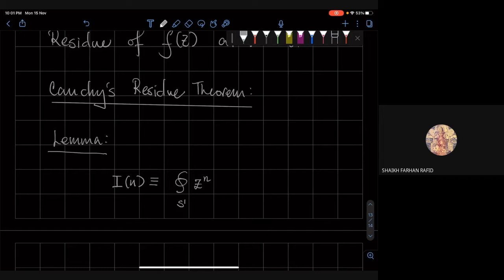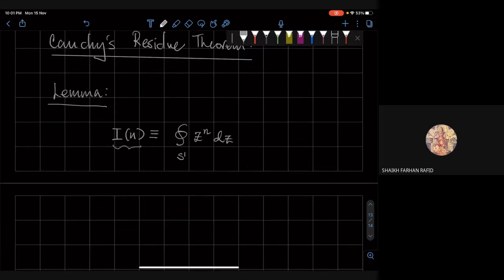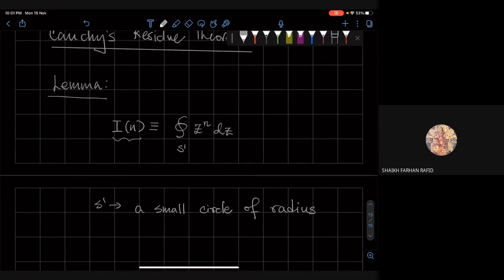to the power n, where n is an integer. So this is a class of contour integral. So S1 is a small circle of, say, radius epsilon, and around some point, right?